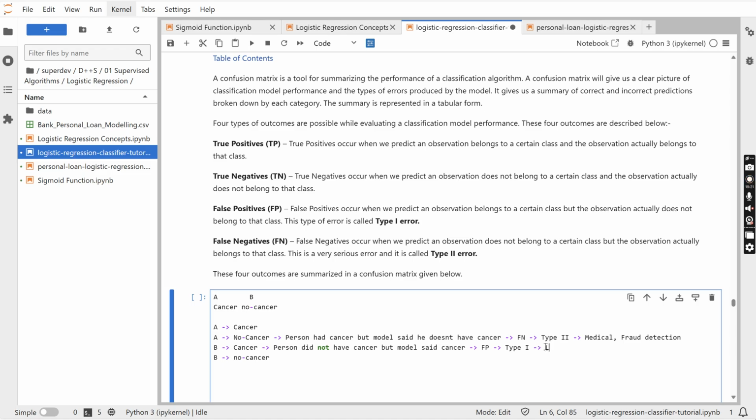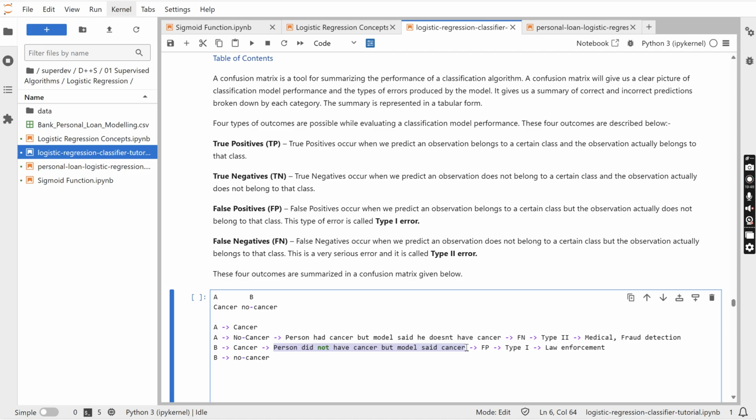In law enforcement use cases, false positives should be low. What is a false positive? The person did not have cancer, but the model said he has cancer. Now apply it to a criminal case. The person did not commit theft or murder, but the model is saying he committed the murder.